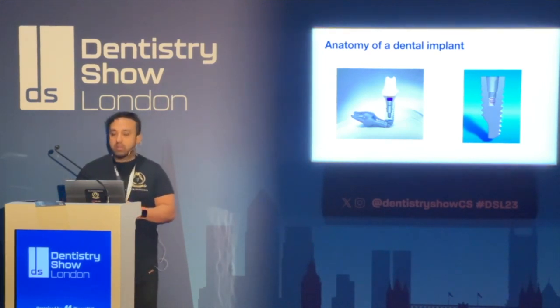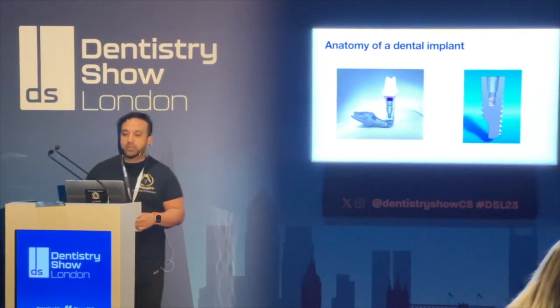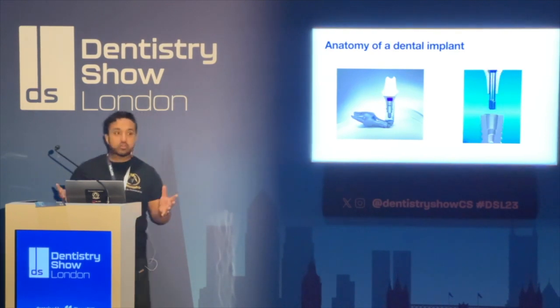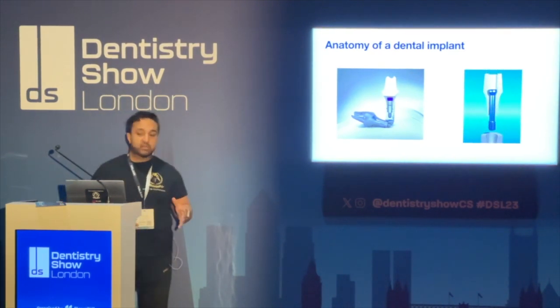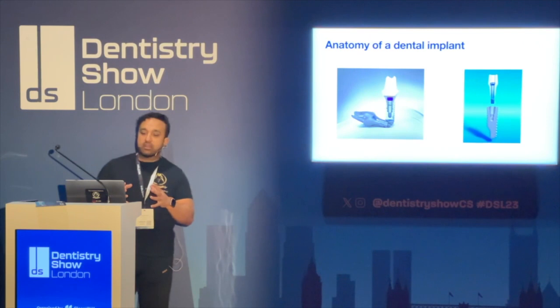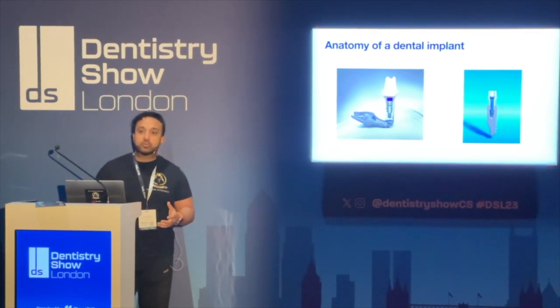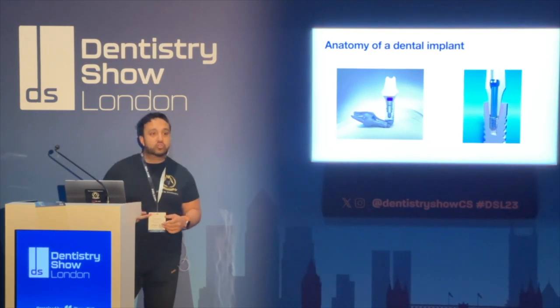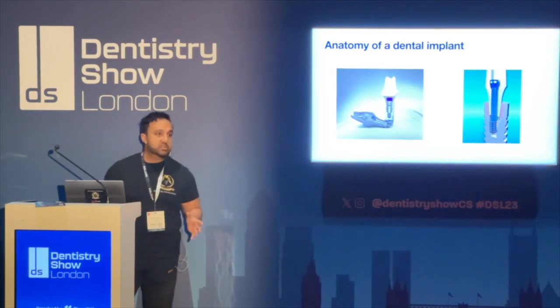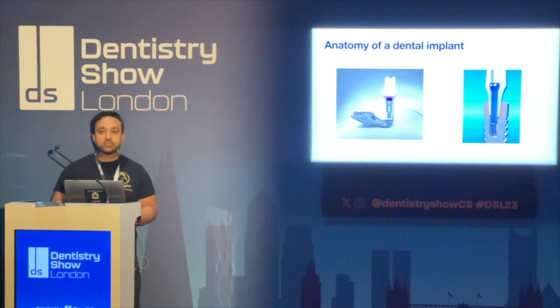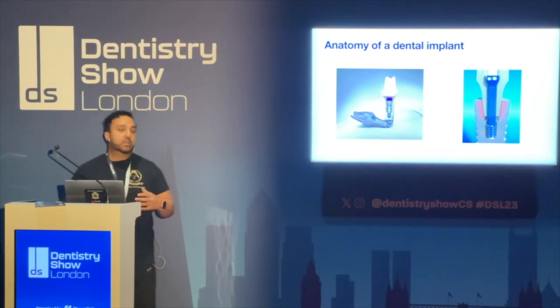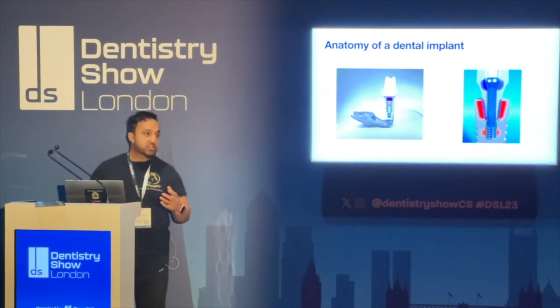So where are we with the dental implant? Well, a dental implant generally is a screw that goes into the maxillary or mandibular bone, and there are several different components of an implant. The screw itself has 300 different manufacturers. They're like cars. If you go out there today, you'll see some manufacturers are making implants of a certain brand or a certain type.